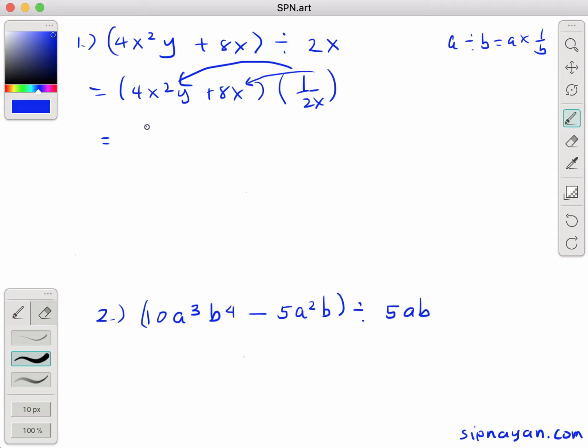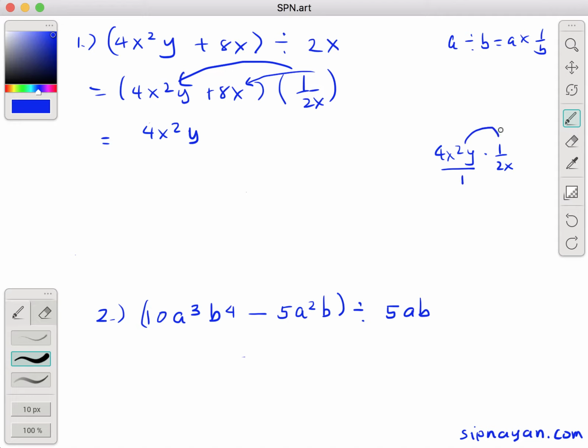Magiging equal to 4x squared y times 1 over 2x. Pag 4x squared y times 1 over 2x, ang nangyayari dyan is yung whole number ay meron siyang denominator naman.